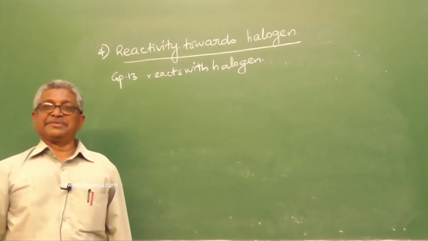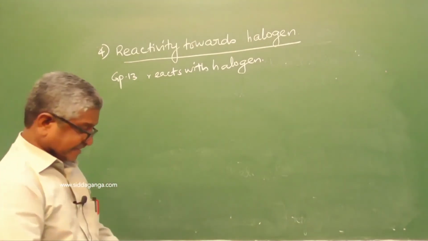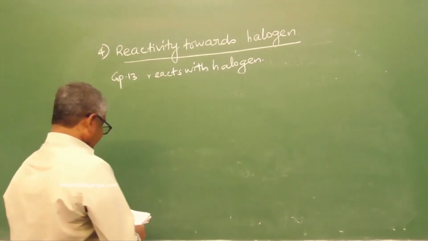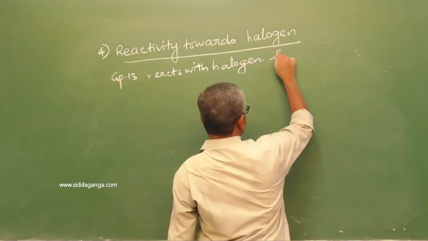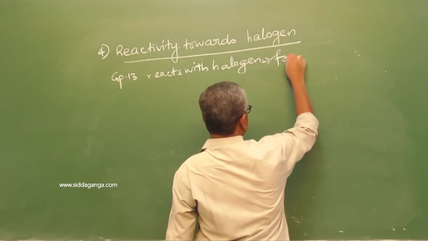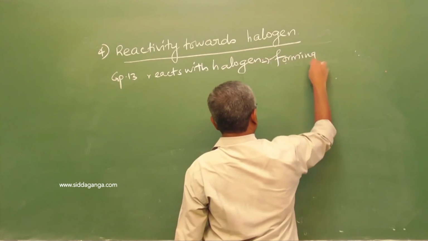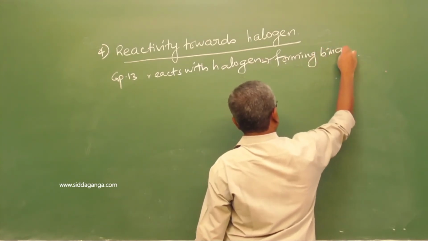Group 13 elements react with halogens, forming binary halides.